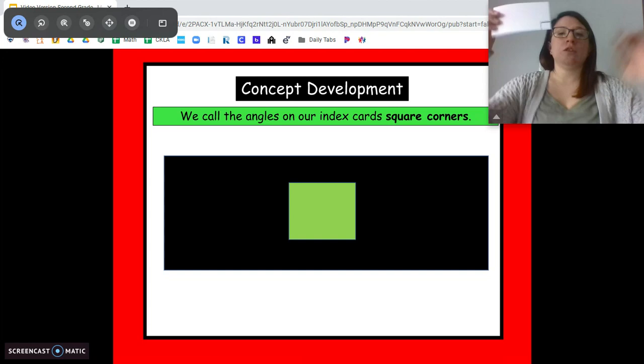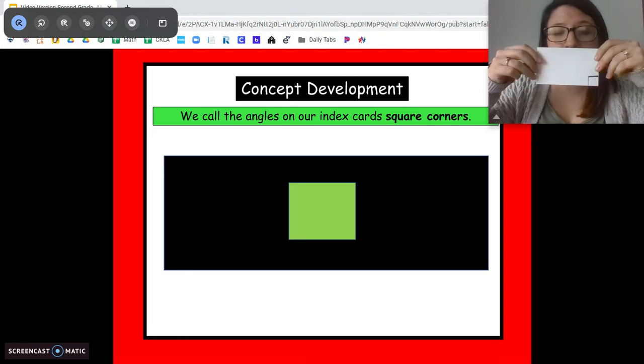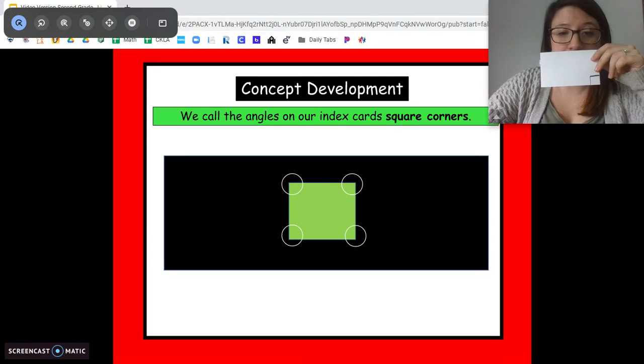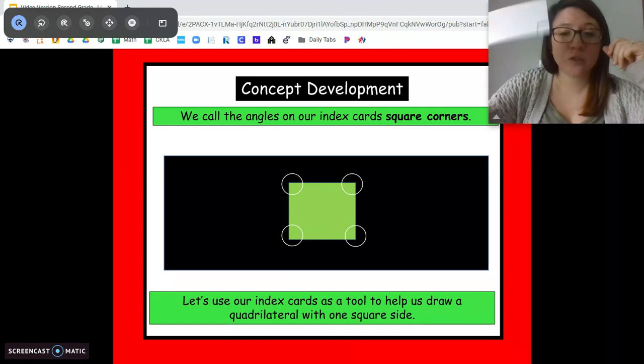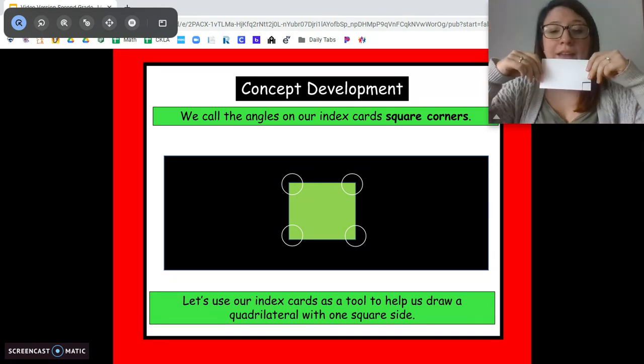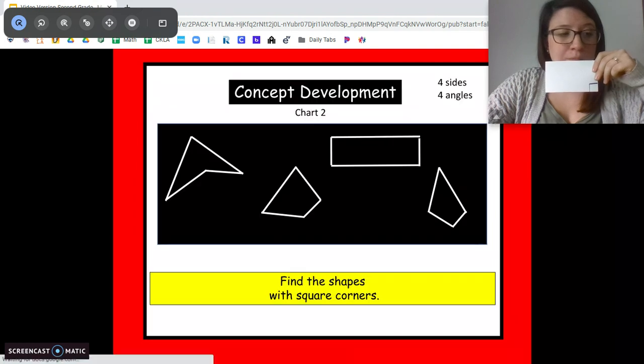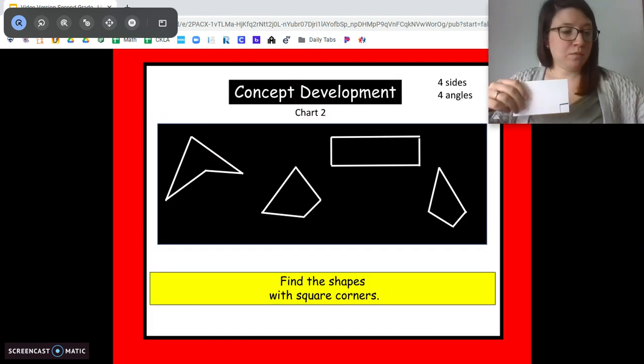Okay, so like I just said, we called the corners on index cards square corners. See those corners there, how they would make a square? Those are square corners. We're going to use our index cards to help us draw a quadrilateral with 1 square side.